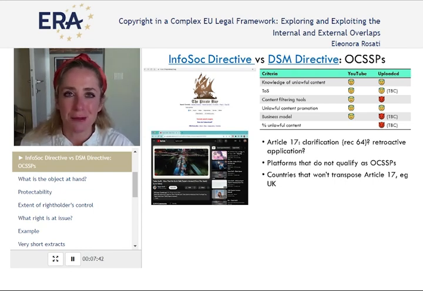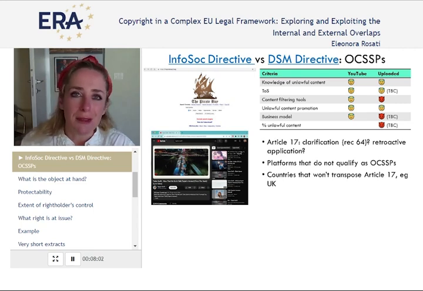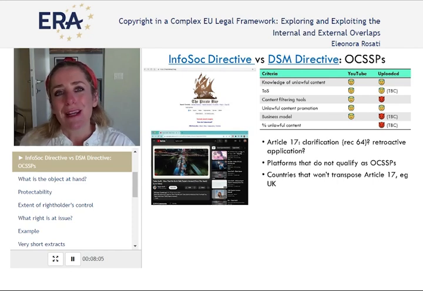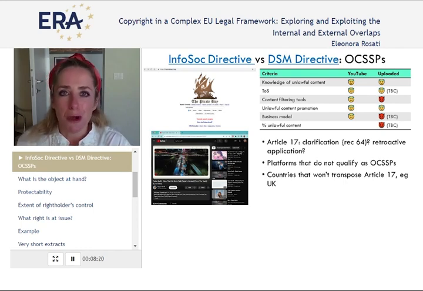And in particular, there the Court of Justice clarified that yes, a platform operator might be directly communicating to the public, but in order to make such an assessment, a number of criteria need to be taken into account, including whether the platform operator has knowledge that there is unlawful content on the platform, what the terms of service say, whether there are content filtering tools that credibly counter the making available of infringing content, whether there is the promotion of unlawful content on the side of the platform, what their business model is, and also how much unlawful content is present therein.